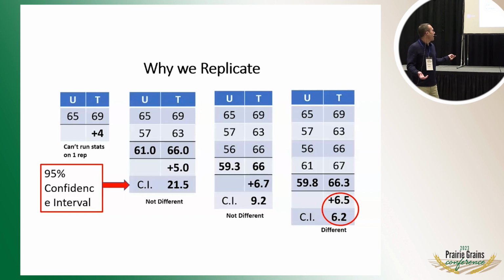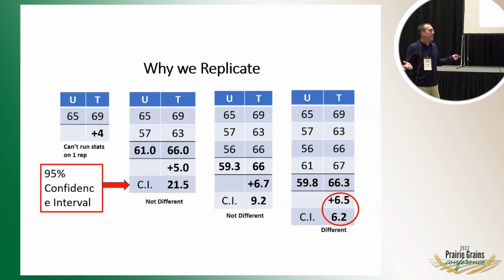In this example, we got a 6.7 bushel yield kick. You might say, hey, that's awesome, right? But we would have needed 9.2 for that to be significant at a 95% confidence interval. So adding that 4th rep finally got us there in this example. Not to say 3 doesn't work.